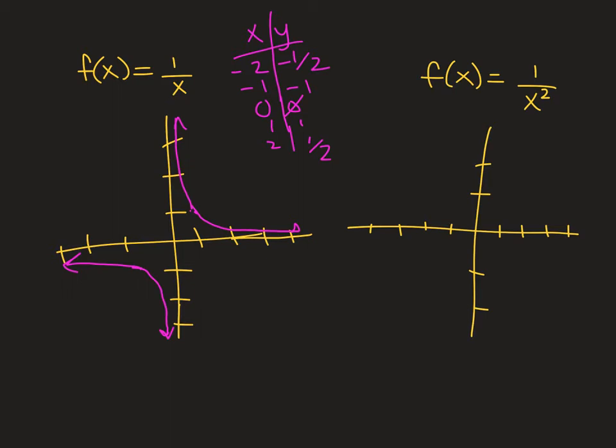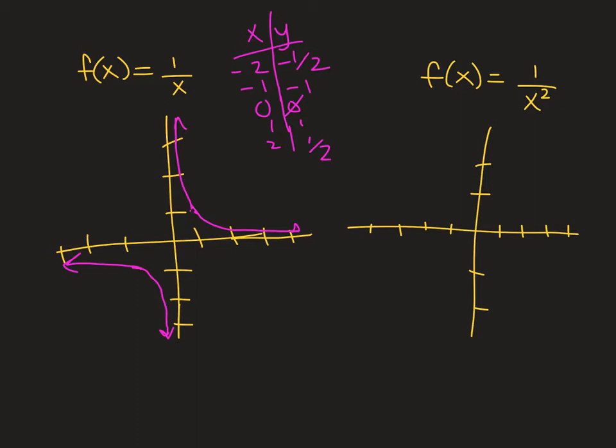Now, you might notice that when x is 0 and also when y is 0, the graph is going to not touch either the x-axis or the y-axis. However, as you go on and get closer and get higher and higher numbers, your graph is going to get closer and closer to those axes.